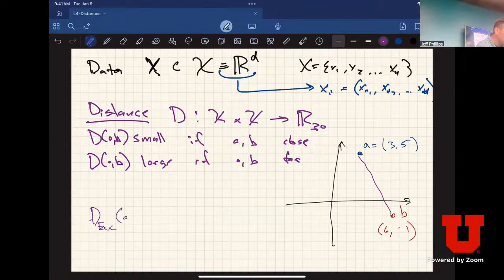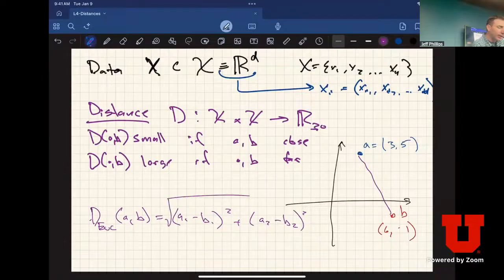Euclidean distance between A and B is going to be, in this case, (A1 minus B1) squared plus (A2 minus B2) squared, where this is the second coordinate difference, the square root of this.